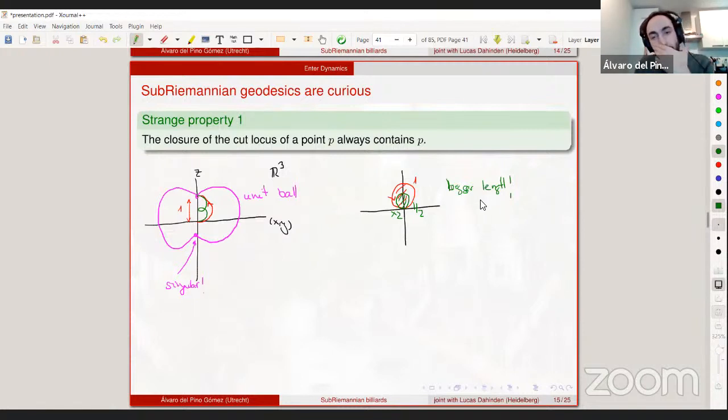What this says is that this curve is not a minimizer anymore. And you can keep doing this for more and more smaller balls. So any ball contains non-minimizing curves. And of course, in the Riemannian case, this never happens, right? In normal coordinates, the radii are minimizers.